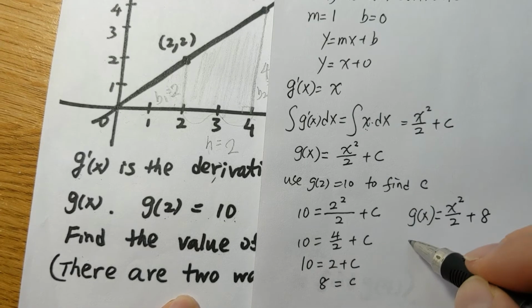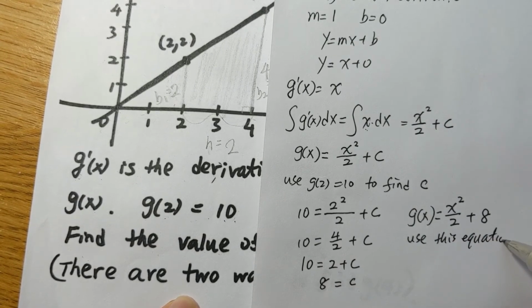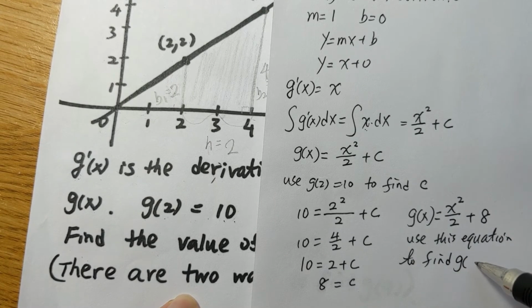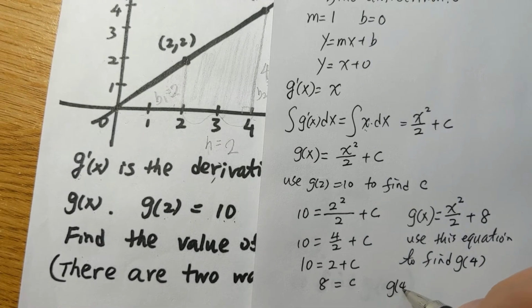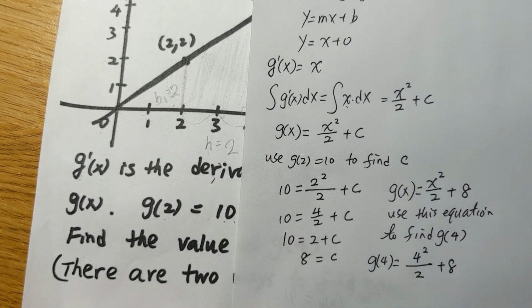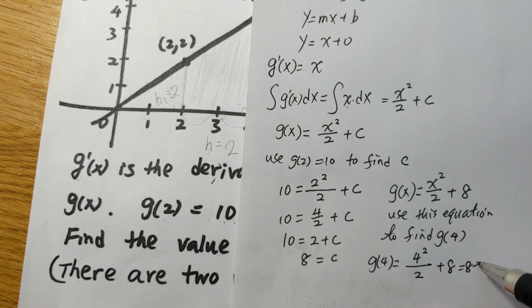Now we use this equation to find g of 4. So g of 4 equals 4 squared over 2 plus 8. And now we can figure it out. So we get 16 divided by 2, which is 8. So 8 plus 8 equals 16.